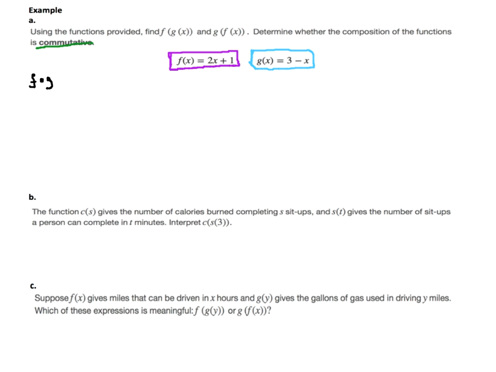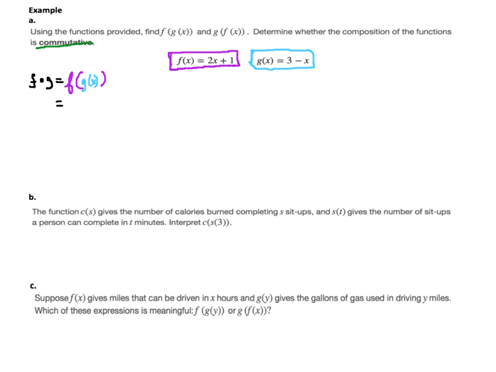In other words, remember, whatever's listed second is your plug-in. So what this says is take the f function and plug the g function into it wherever you see the variable, and then see what you get for the expression.